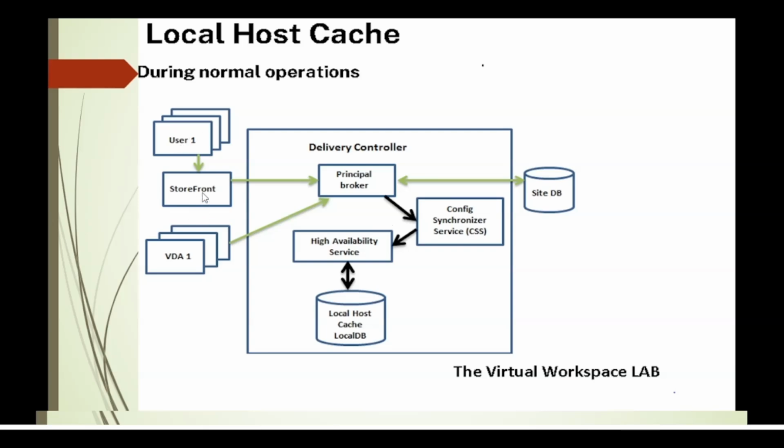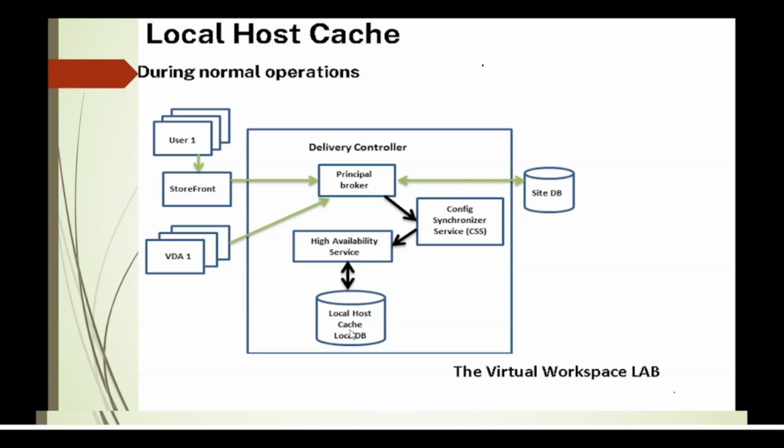After that, the StoreFront server sends the request to the delivery controller, the Citrix broker service, and that Citrix broker service accepts the communication and communicates with the site database to get the assigned application details for that user. Then the broker service sends that information to the StoreFront server, and the StoreFront server creates the web page, and we get the application list, and then we can access that. This happens in the normal scenario.